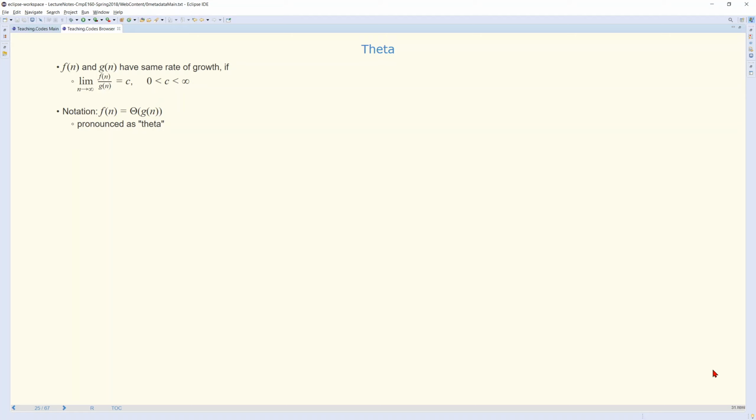As long as it's a constant value, we will consider such functions to be in the same rate of growth as f of n. And we will denote such functions using the theta notation, as in here, saying f of n is equal to theta of g of n.